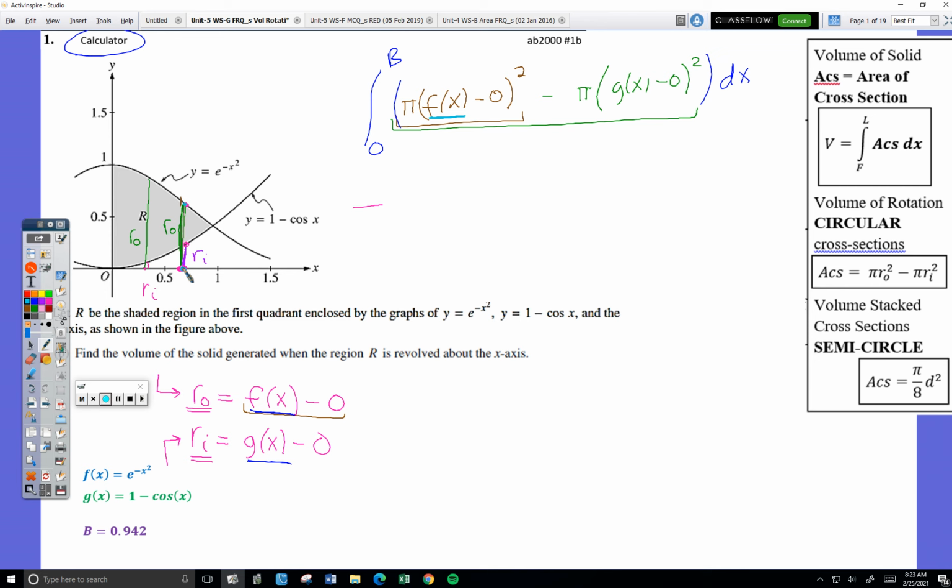I have to imagine the slice, like so, and I recognize that that length I just drew is exactly the same thing as the radius of an entire circular slice. You see it? From here to here, exactly the same thing as from here to here.